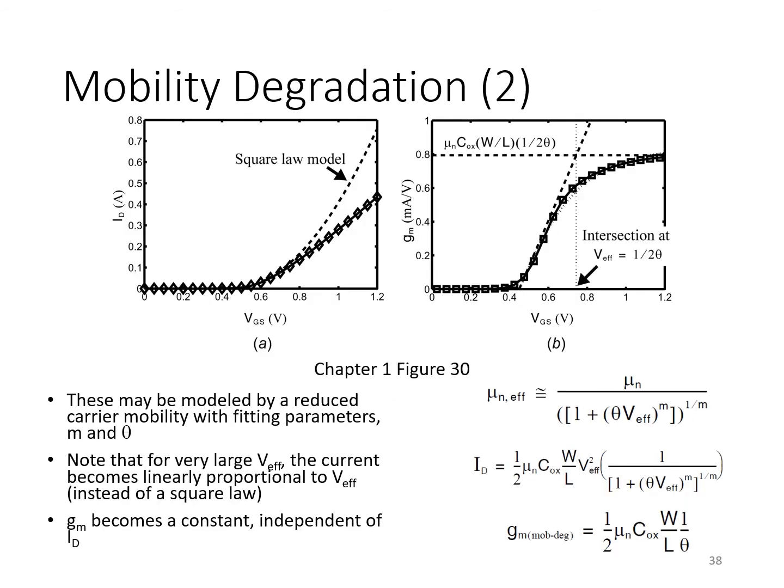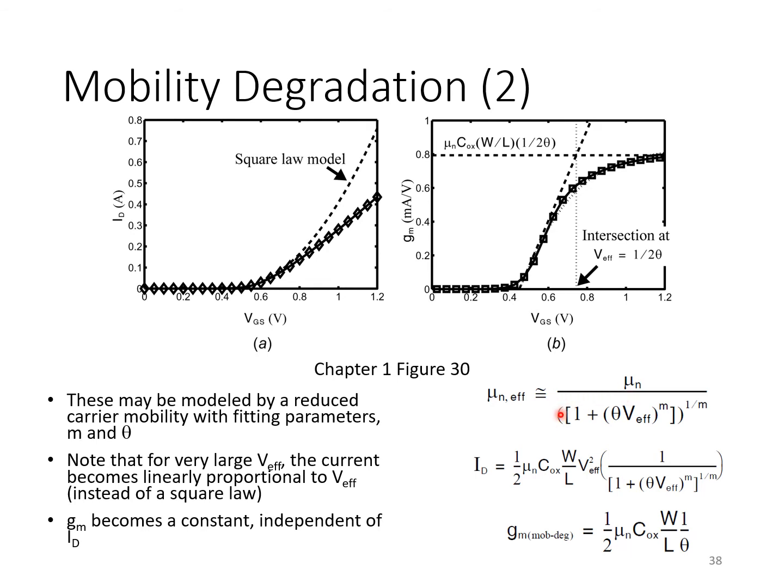So these reductions in current can be modeled by a reduced carrier mobility. And the expression for modeling an effective carrier mobility is shown here. Essentially, it's the nominal carrier mobility that is associated with the transistor's operation at more moderate values of V effective.